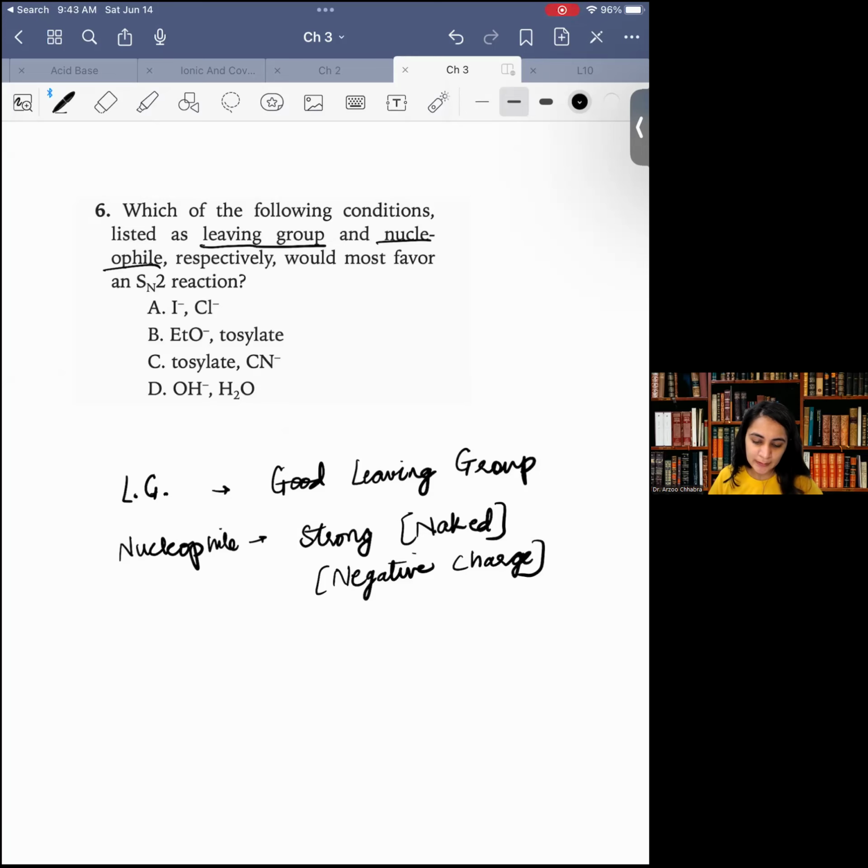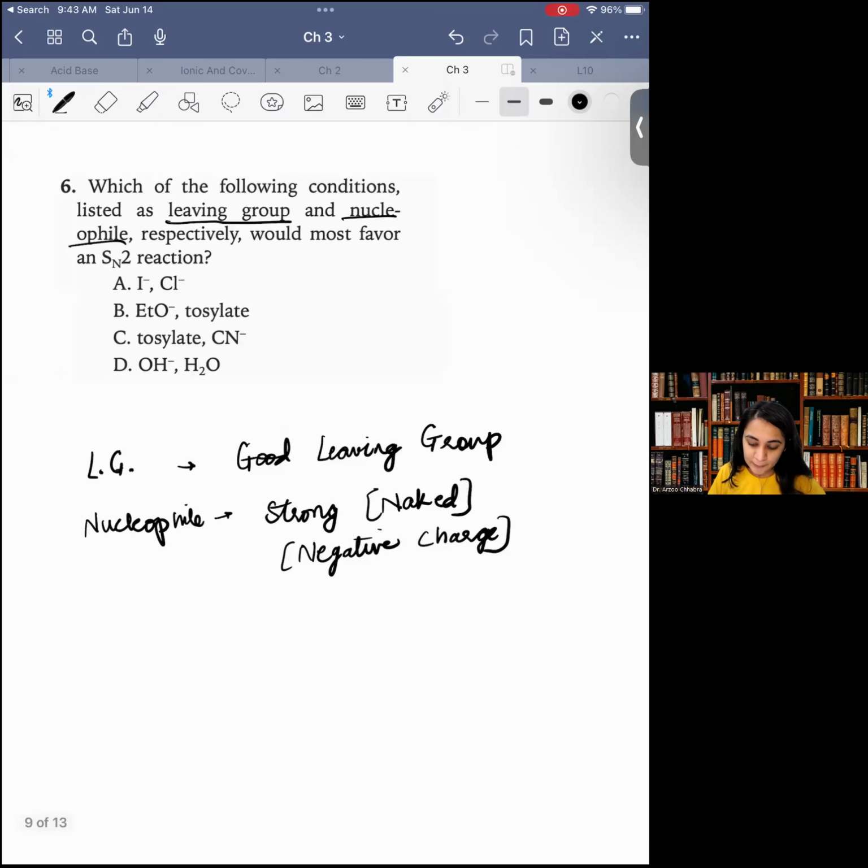For a nucleophile to be strong, it should have a negative charge. And here's the other important thing: reading the problem, you want to have the leaving group on the left, and the corresponding molecule on the right should be your nucleophile, right? So we're not just choosing the two randomly out of the blue.